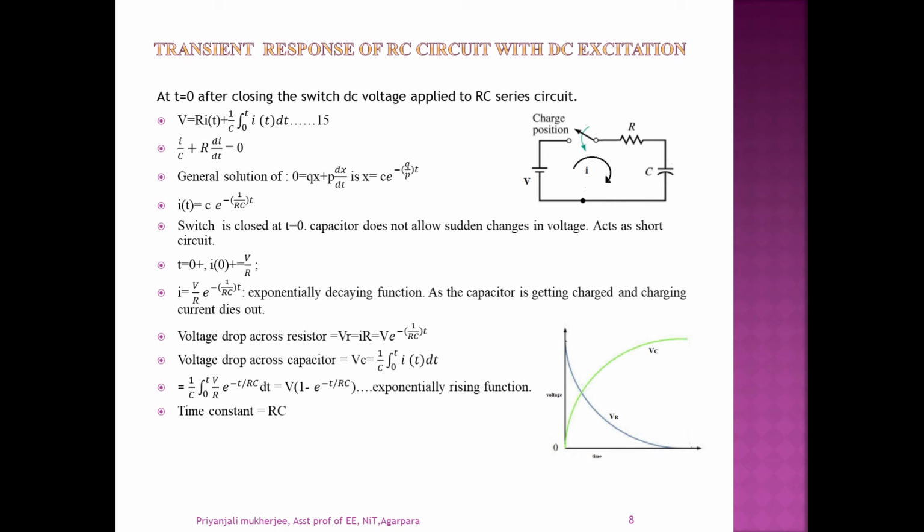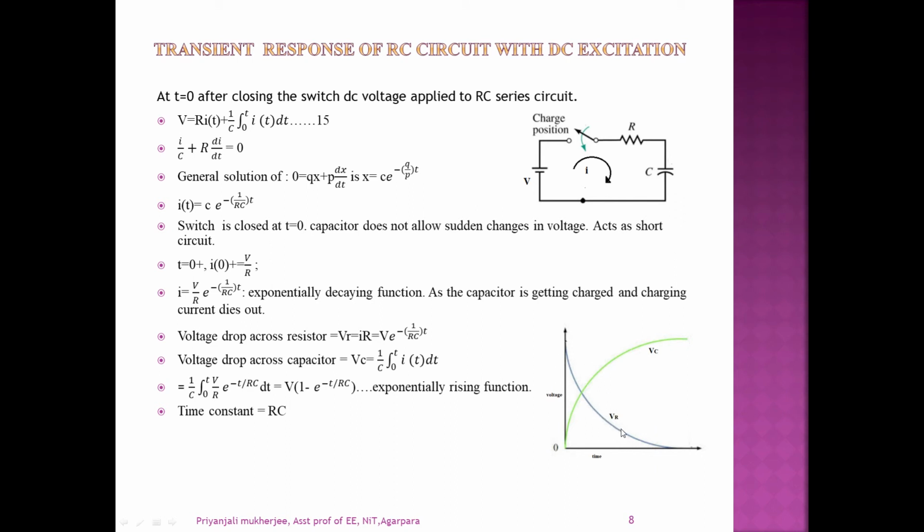And the voltage drop across the resistor is i into R, which is also an exponentially decaying function, and the drop across the capacitor is 1 by C integral of i(t) dt. If we put in the values, it becomes V into 1 minus e to the power minus t by RC, which is an exponentially rising function.